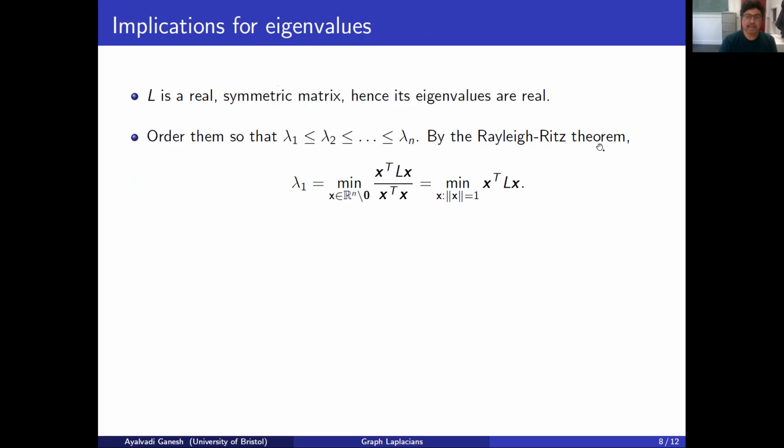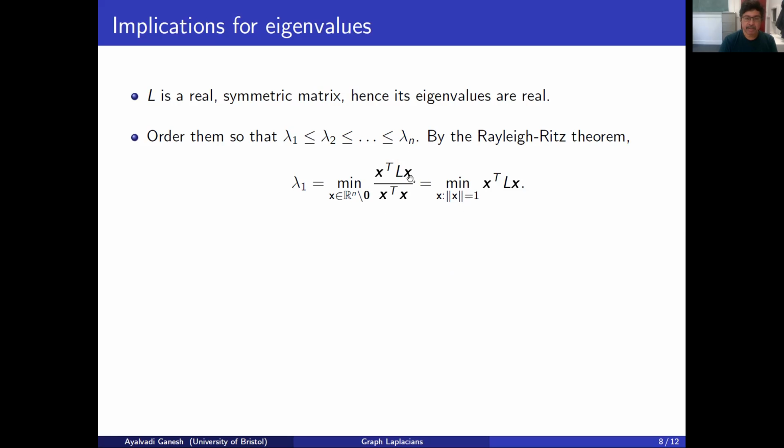And then the Rayleigh-Ritz theorem tells us that the smallest eigenvalue is the minimum over all non-zero vectors of this ratio, which we call the Rayleigh quotient. So the numerator is this quadratic form x transpose Lx, and the denominator is just x transpose x, which is the squared norm of the vector x. Okay, we can also rewrite this ratio as follows. Notice the following. x is a non-zero vector.